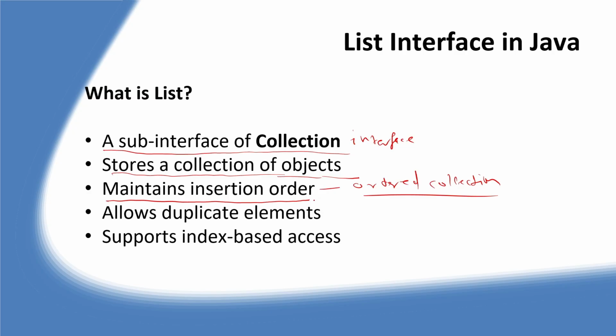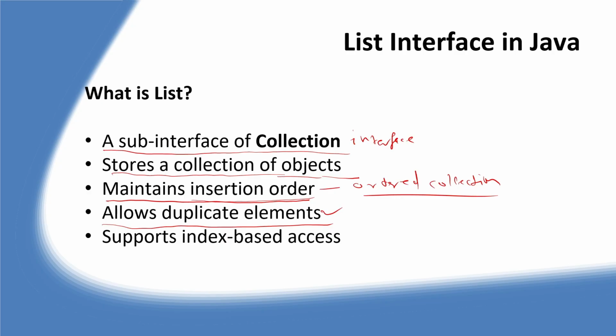So it follows the insertion order. And unlike a set, a list maintains the insertion order and also allows duplicate elements. So we can store duplicate elements in the list.